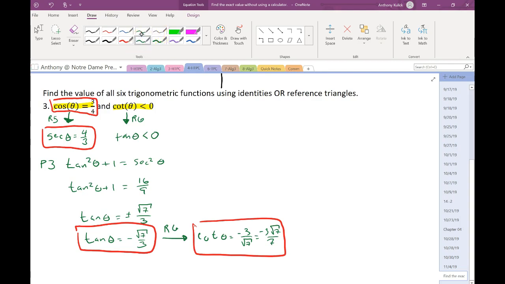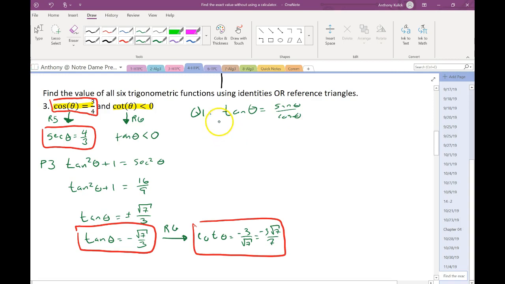So I'm going to use, say, Q1. I know that tan theta is equal to sine theta over cosine theta. Or if I multiply both sides by cosine theta, I can say that.